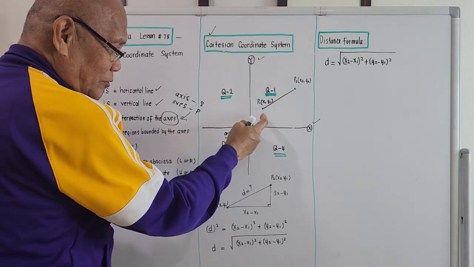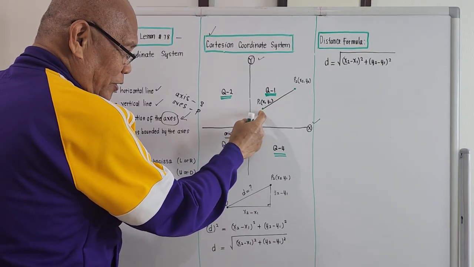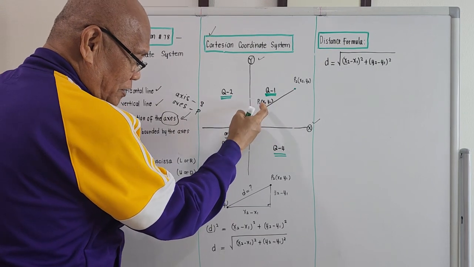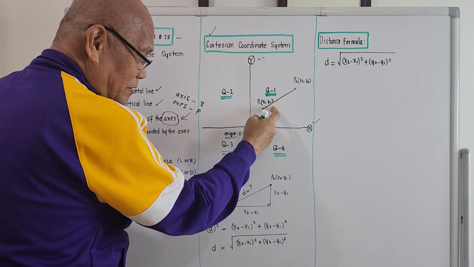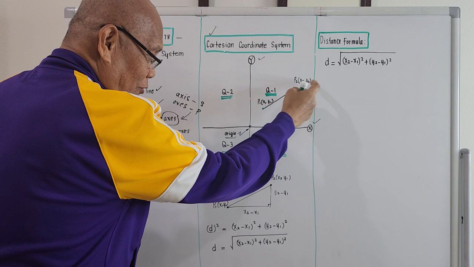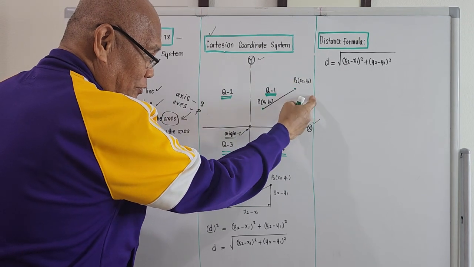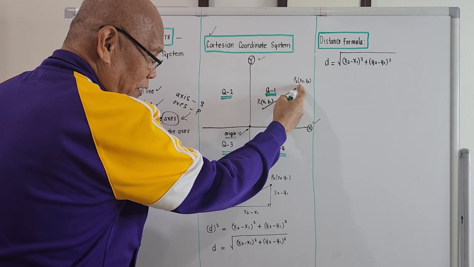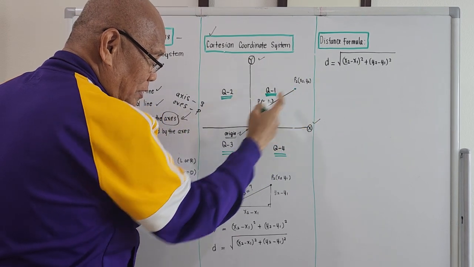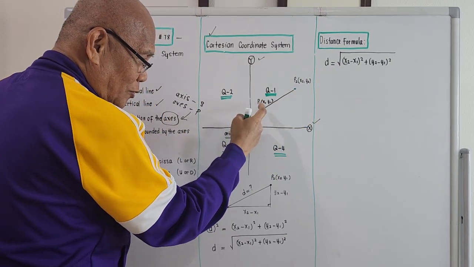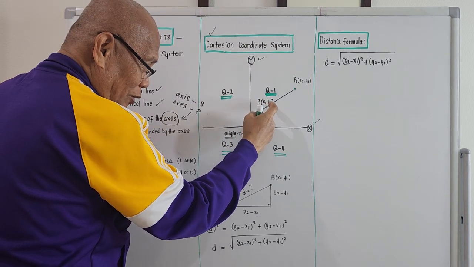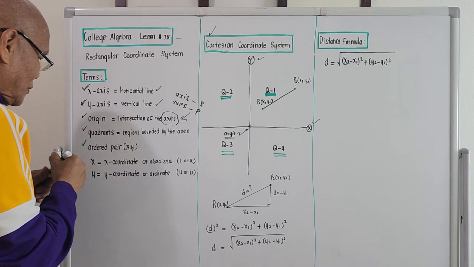To bring out the exact location of a point, you must have its abscissa and ordinate. Like if this is point 2, its abscissa is x sub 2 and the ordinate is y sub 2. For point number 1, the abscissa will be x sub 1 and the ordinate will be y sub 1. That's the meaning of this.